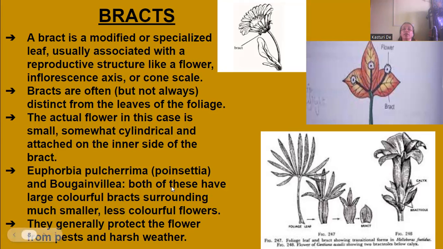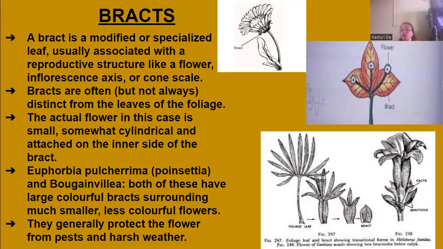Now the next examples are Euphorbia pulcherrima, or poinsettia, and bougainvillea. Both of these have large colorful bracts surrounding much smaller, less colorful flowers. The flowers are not so colorful, nor too big, but their bracts are large and colorful.